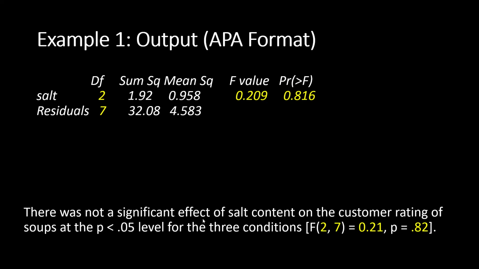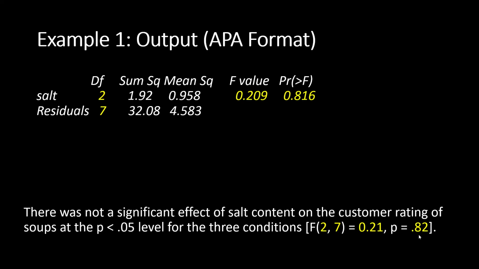There is not a significant effect of salt content on customer ratings of the soups at the P is less than 0.05 level for the three conditions. There are three conditions because there were three different soup types. Remember, low salt, medium salt, and high salt. Here's the degrees of freedom for salt. Here's the degrees of freedom for the residuals. Our F value is placed here. It's given two significant figures. And our P value is placed here.